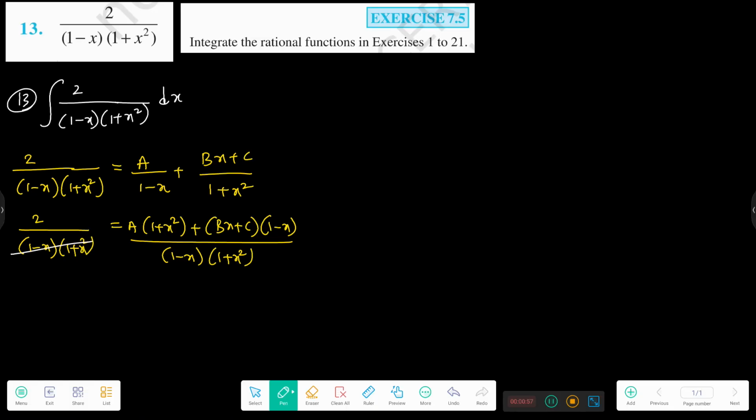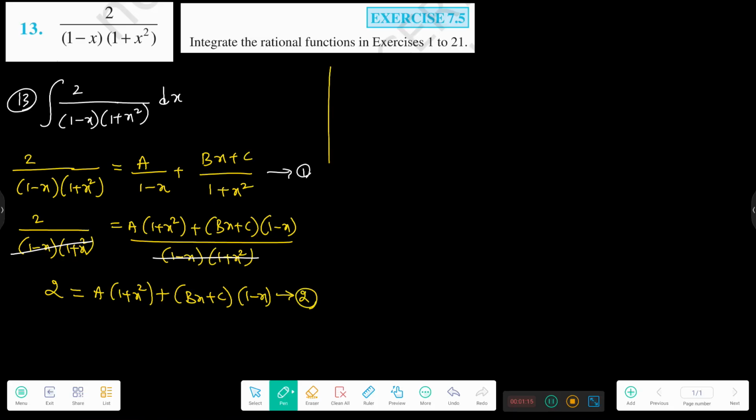Now you can cancel this part, denominator same. Now we have 2 is equal to A into (1 plus x square) plus (bx plus c) into (1 minus x) as answer number 2 I am taking. This will be as answer number 1.